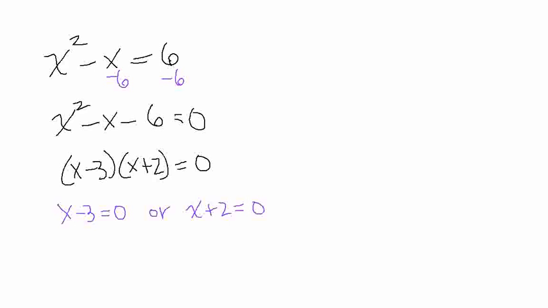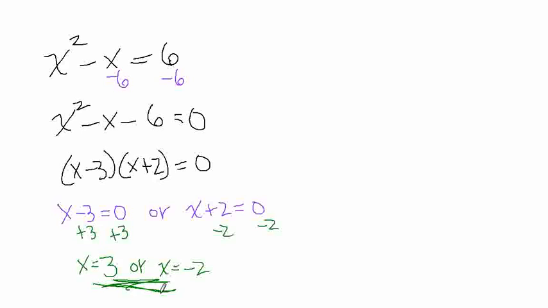Now let's solve each of those. The first one, we add 3 to both sides. The second one, we subtract 2 from both sides. So x equals 3 or x equals minus 2. Now once again, plug those two values into the original equation and you will see that it is satisfied.